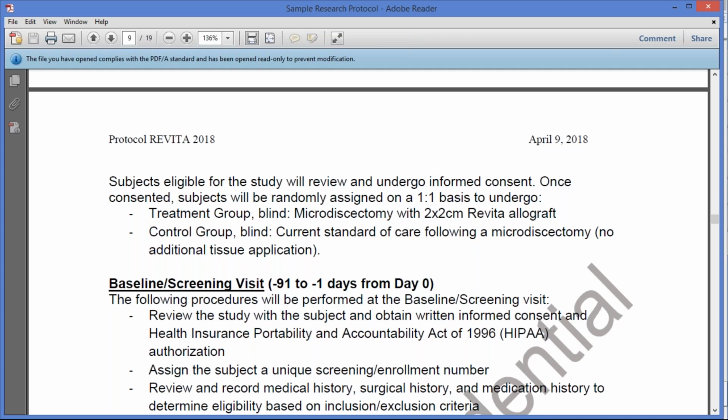Once consented, we follow the randomization process. Randomization means randomly assigning subjects to the groups, so we don't know which patient is assigned to which group.